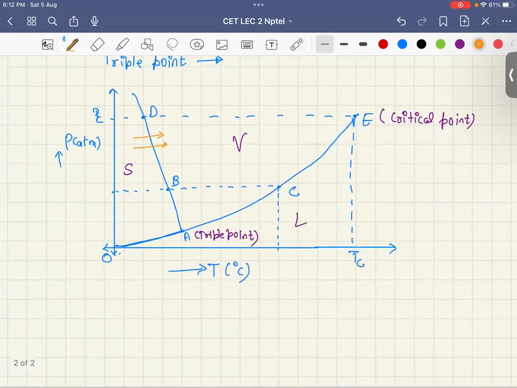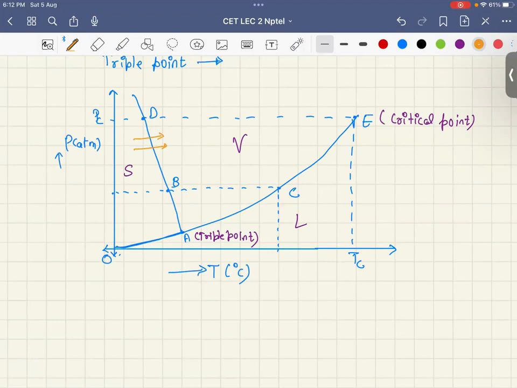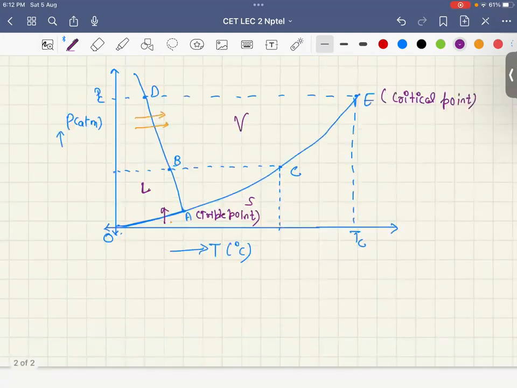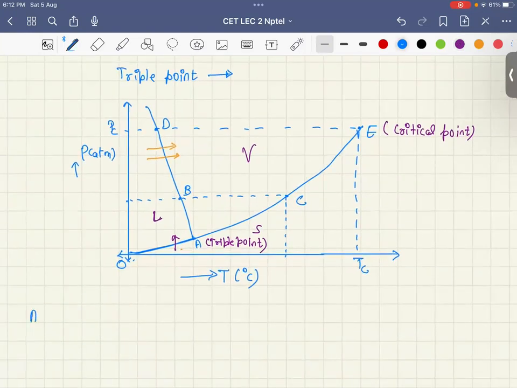The correct answer is option A, only below the triple point.